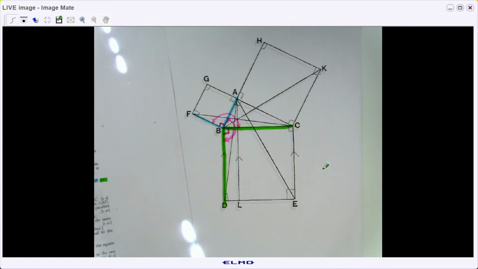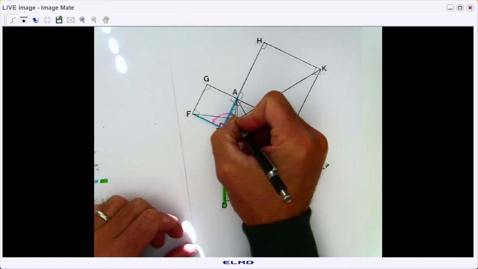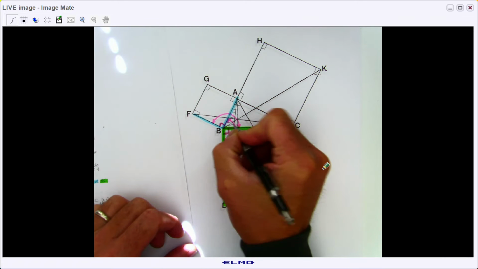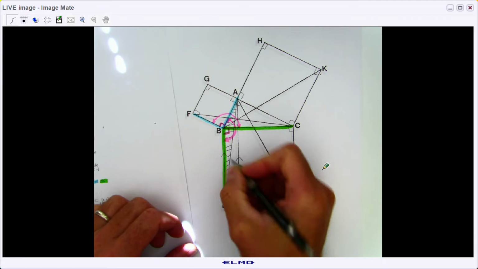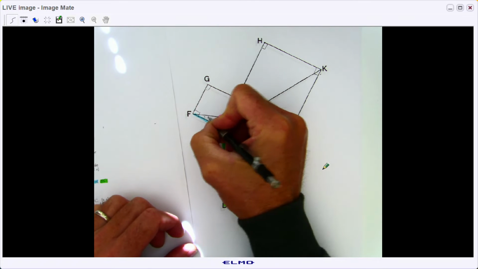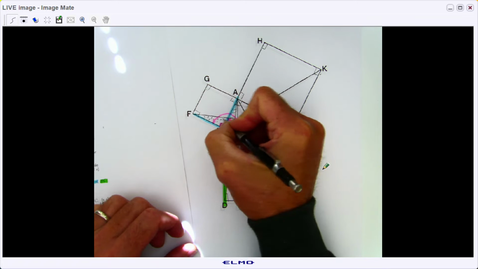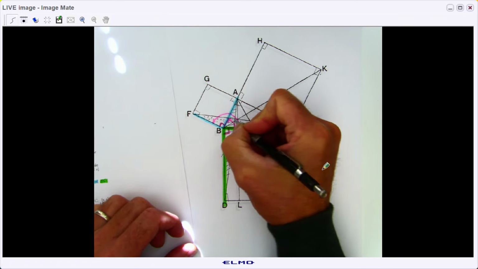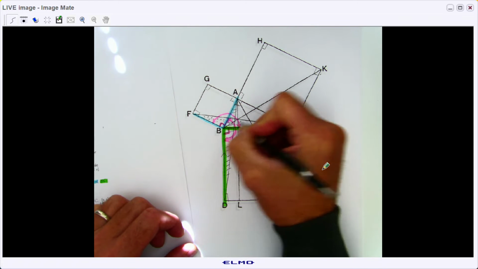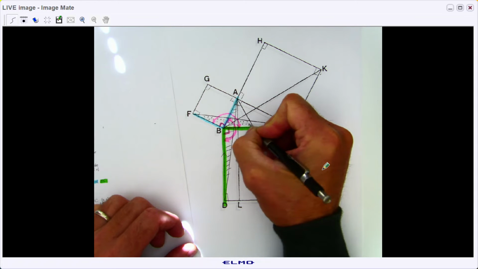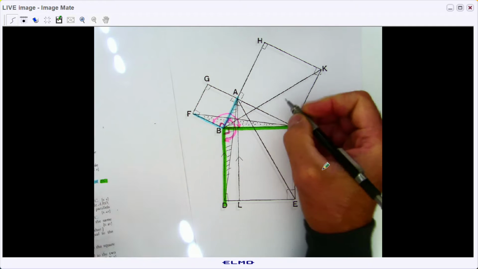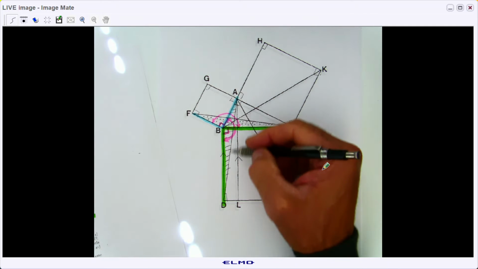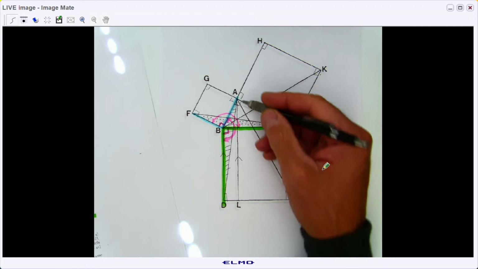We could draw in this triangle here, and we could draw this one in with, say, polka dots. So he's saying that this length here is equal to this length here.